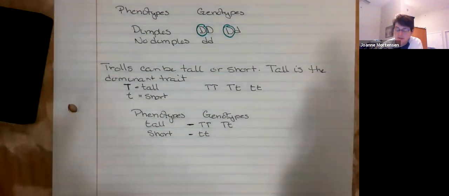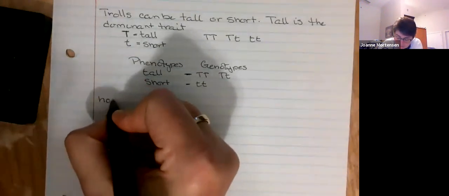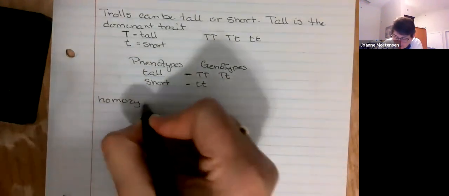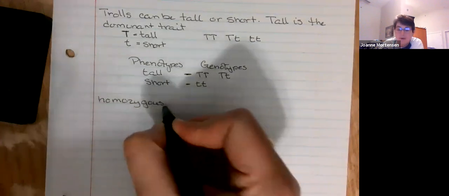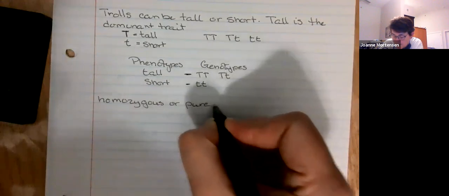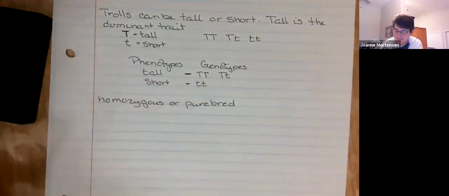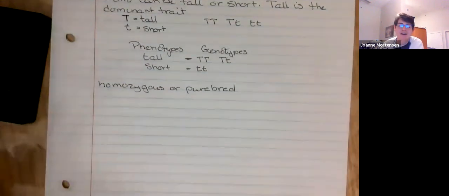When we're talking about genotypes, there's a couple more words. Maybe I should throw them in now. One of them is homozygous or purebred, and they mean exactly the same thing. I always think it depends on who you're talking to. If you're talking to somebody in biology class, they're probably going to say homozygous. If you're talking to somebody who raises dogs or cattle or chickens for a living, they might be talking about purebred.